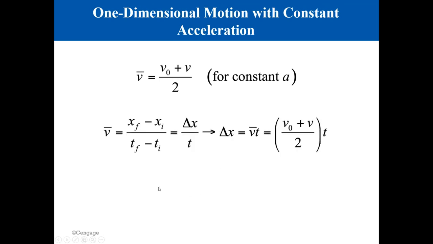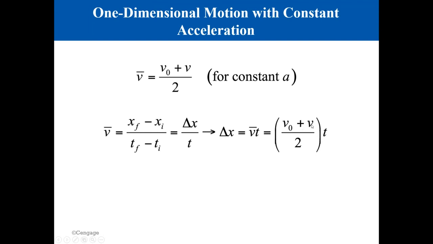Also, the average velocity as we defined it before is delta x divided by delta t. So from this equation we get delta x equals the average velocity multiplied by t. Here we are assuming the initial time to be 0, so the final time and t are the same. Now I take this expression for the average velocity and plug it here.